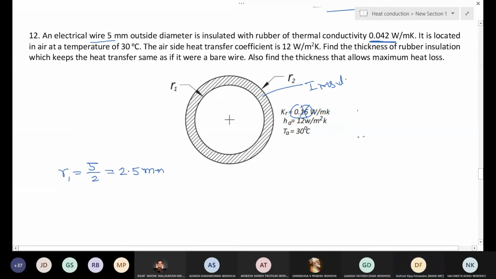What is RC? K by H. So what is K by H here? K is 0.042 divided by H value, which is given as 12. Tell me.